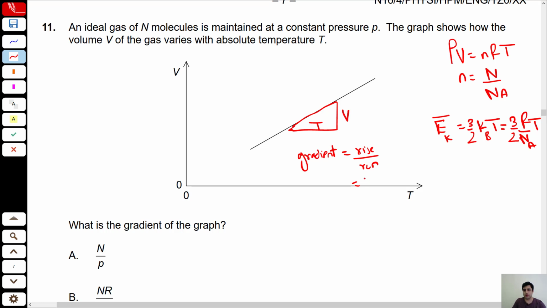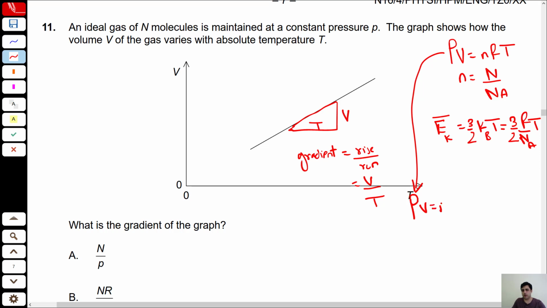So V over T, or delta V over delta T, will give us the gradient. You can say delta V over delta T and then replace the deltas with just V and T. So this is our gradient. So how do we get this capital V over capital T from the equation that we have?